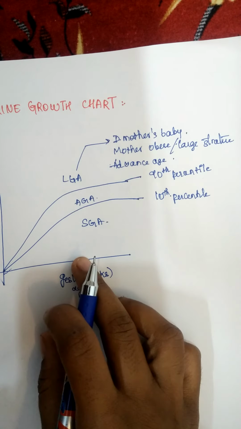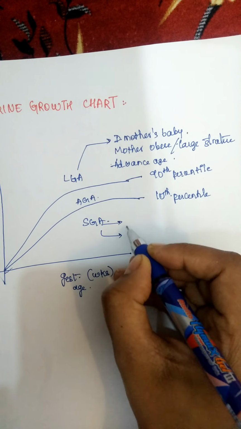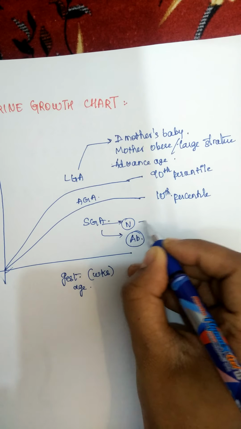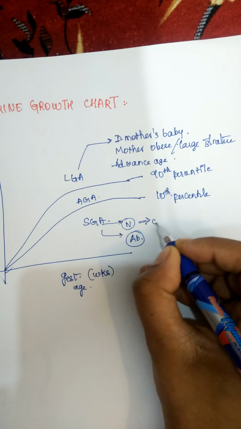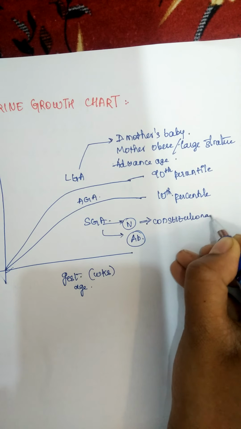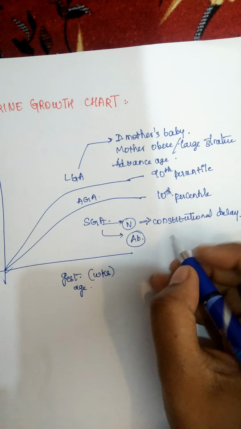Coming to the SGA, it is of two types: normal variant and abnormal variant. In the normal variant, it is a constitutional delay. In the abnormal variant, it is IUGR.